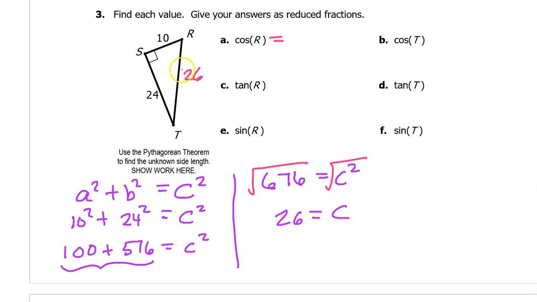Now, let's see. The 26 is the hypotenuse because that is across from the 90-degree angle. But if we are going to focus on angle R, I think we should circle angle R so we can draw an arrow going away from it, and that arrow will point at the opposite side. The other side is the adjacent side.